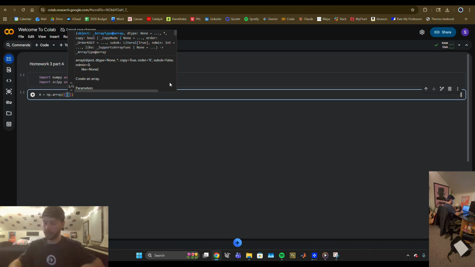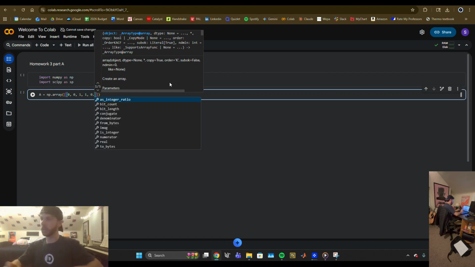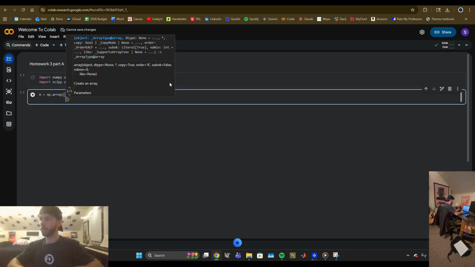Starting with our kilograms, we have 0 for length, 0 for diameter, 1 for pressure, 1 for viscosity, 0 for velocity, and 1 for our density.